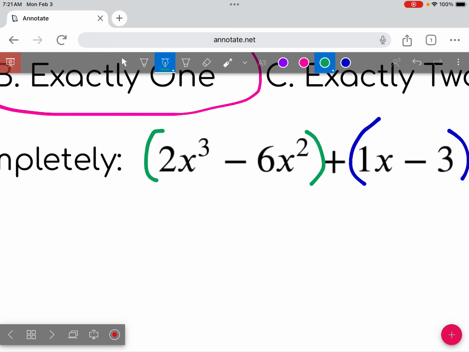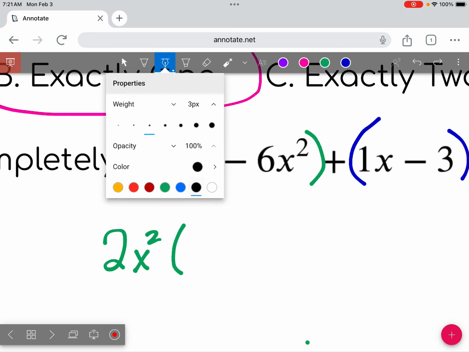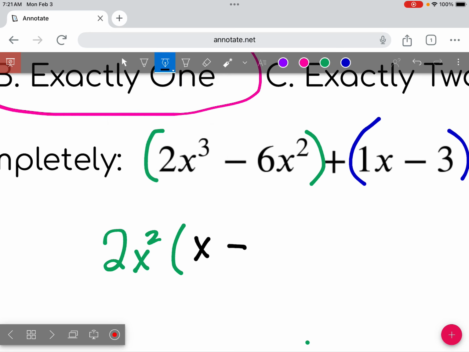Anything else? X squared. If I take a 2x squared out of that piece, 2x cubed divided by 2x squared, we're left with just an x. There we go. And then we have our minus 6x squared divided by 2x squared. We're going to have a 3.